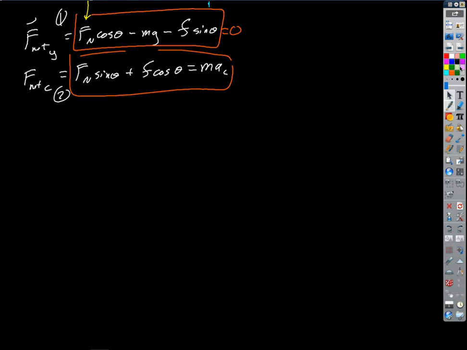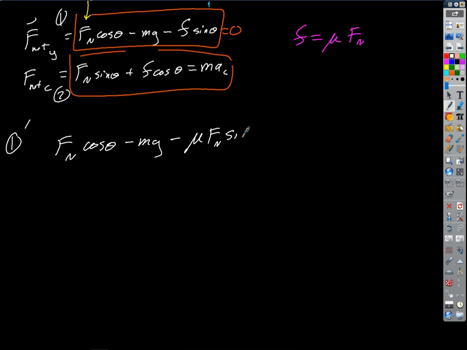Okay, so if we plug in our definition for static friction, it's just mu times normal force, and we do know mu, right? So if we make that substitution, then equation 1 prime is just going to be normal force cosine theta minus mg minus mu times normal force times sine theta equals 0, right?